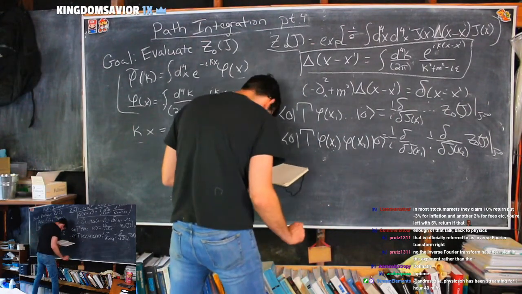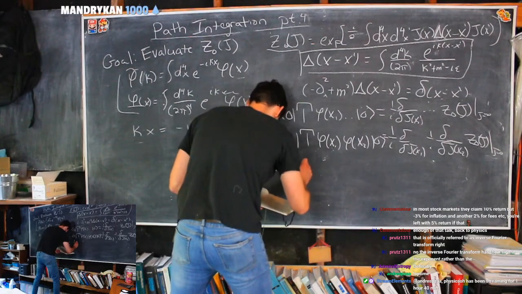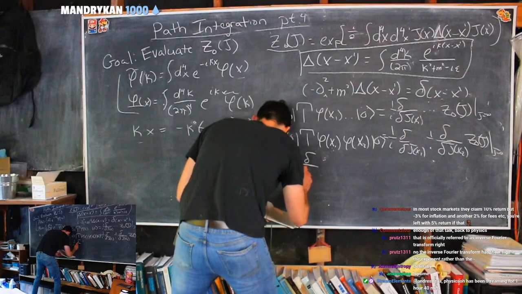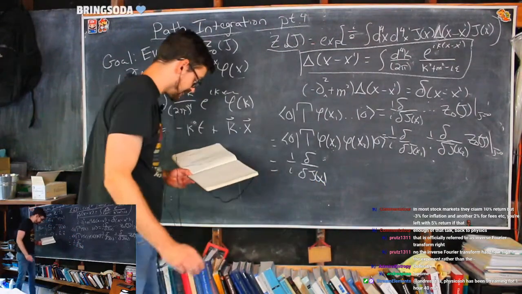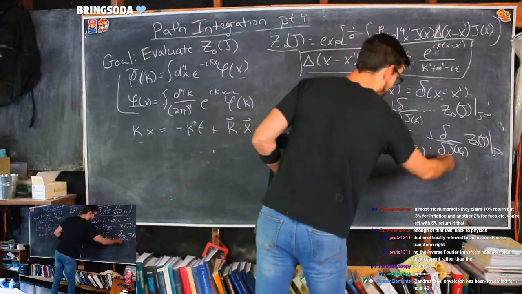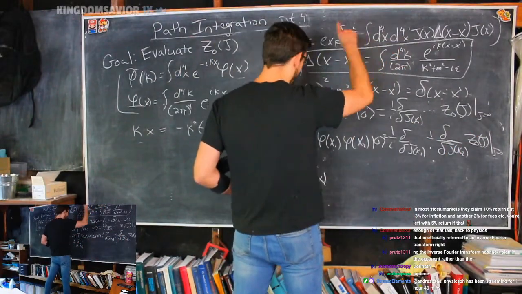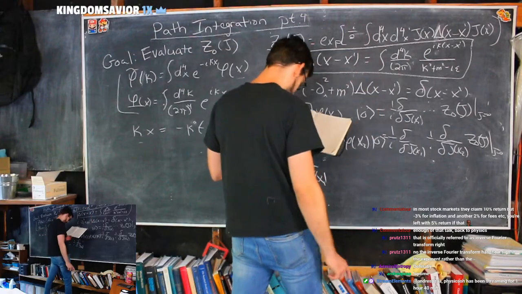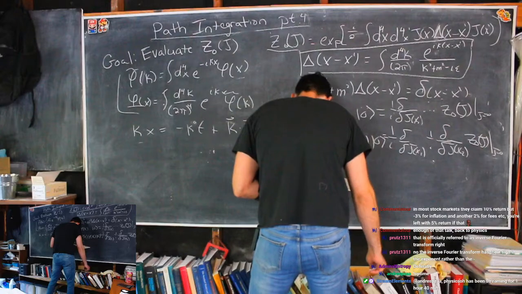1 over i times the functional derivative of jx1 times, and remember we're applying the functional derivative of jx2, so you get the Dirac delta function, and what are you actually going to get?